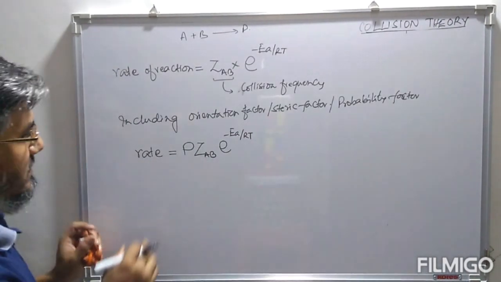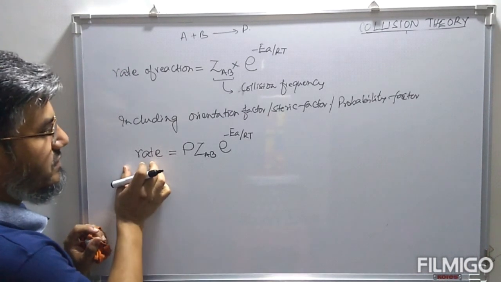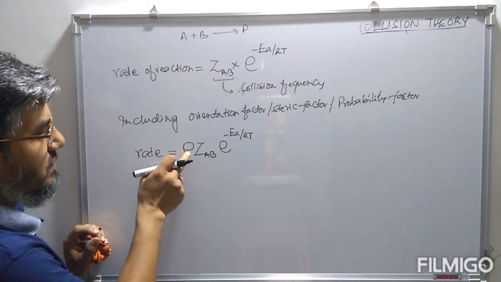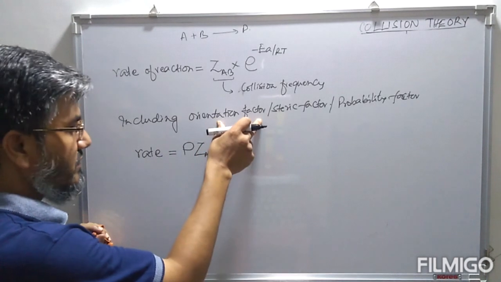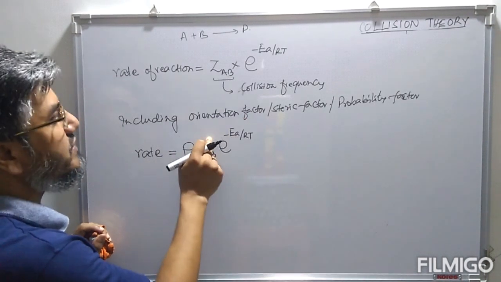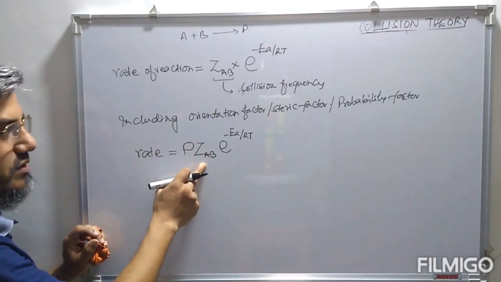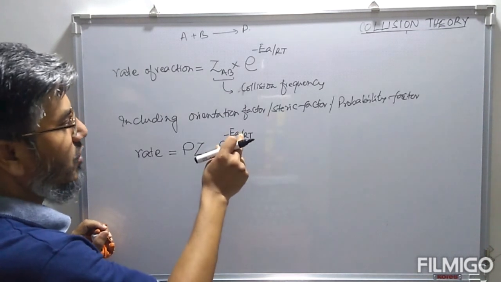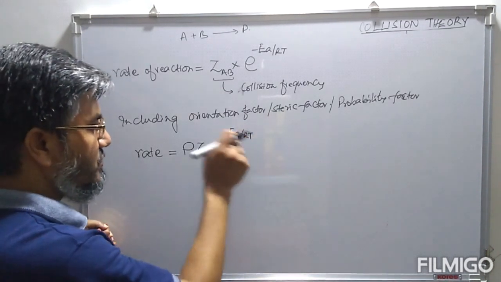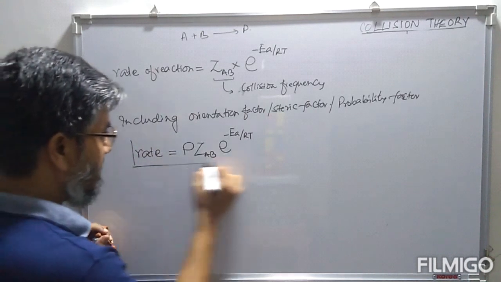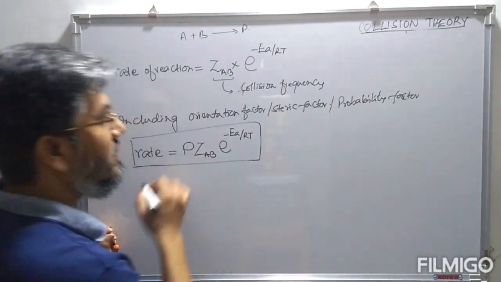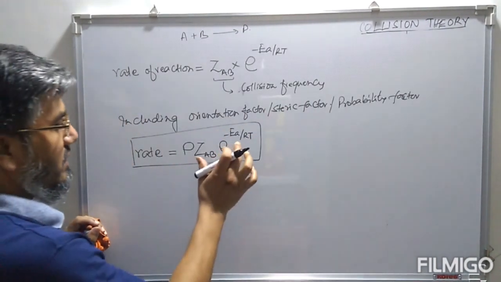So look at this. This is the rate of reaction. So rate of reaction depends on the probability factor, that is orientation factor, collision frequency, how many molecules are undergoing collision per unit time, and how many molecules are having energy greater than this minimum energy. So this is according to the collision theory.